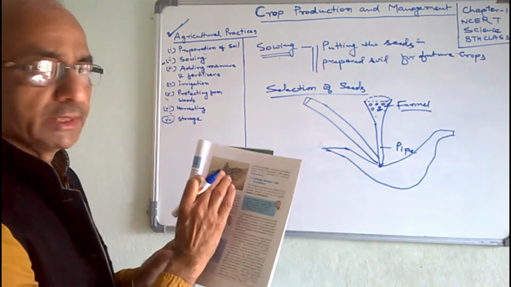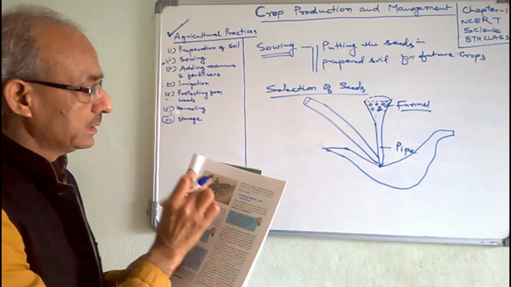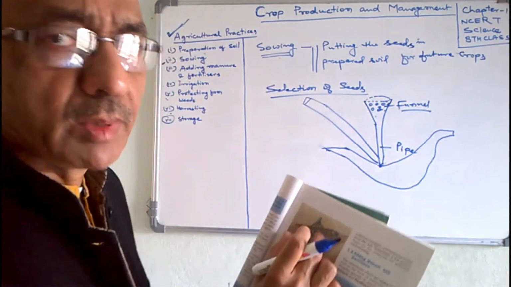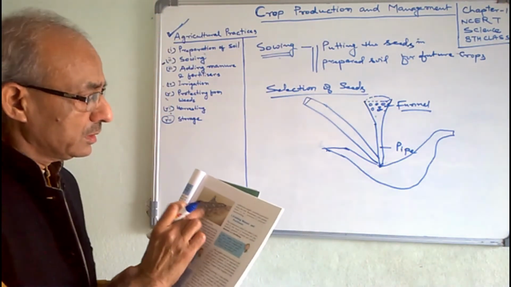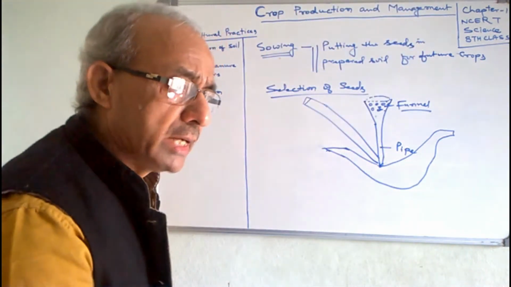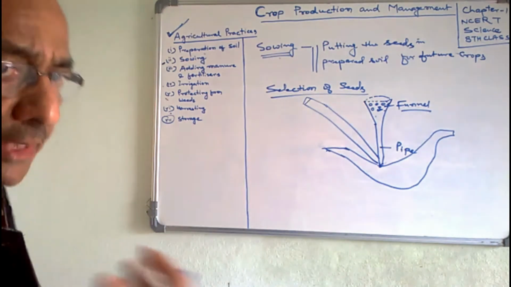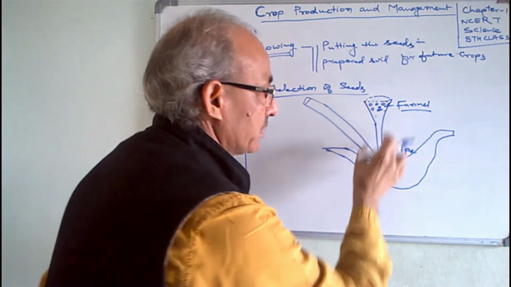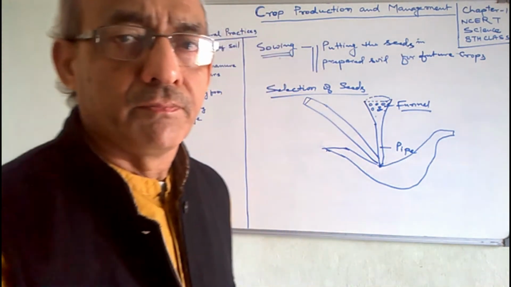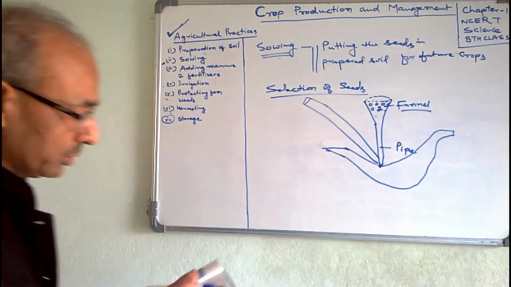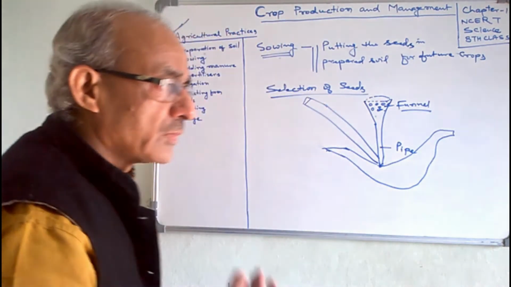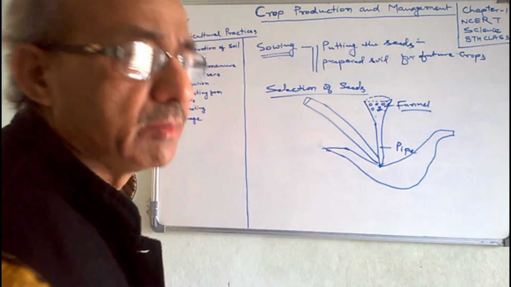Here, this is the seed drill. And this modern agricultural implement has the advantage that at a time 9 to 10 of these funnel shaped structures are fixed in the cultivator, and due to the use of seed drills, there is saving of time and saving of labor.